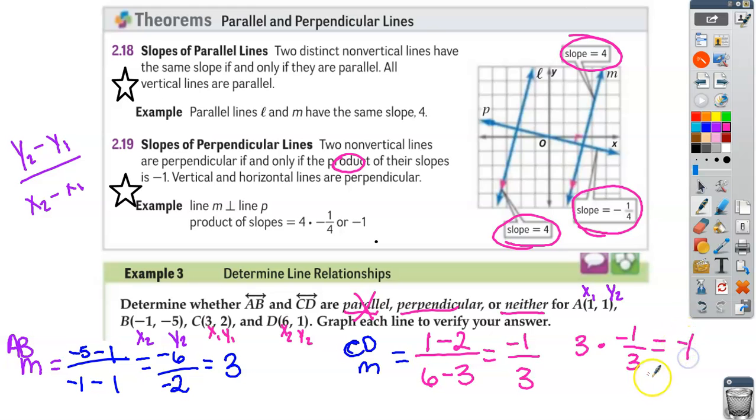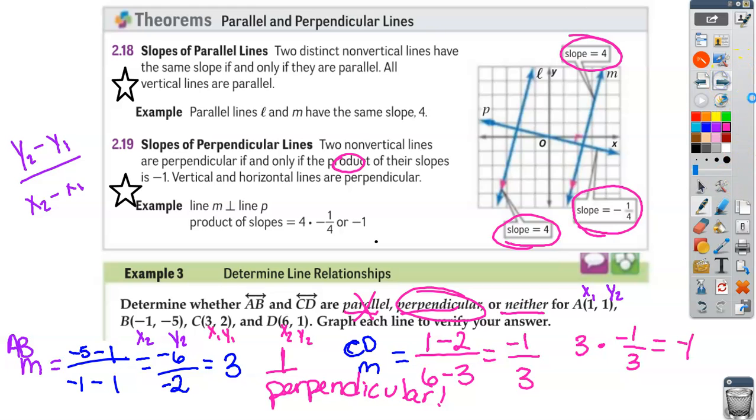Yeah, I sure do. So these two lines are perpendicular. This is also the symbol for perpendicular. In case you didn't know, it looks like an upside-down T. So that's kind of fun.